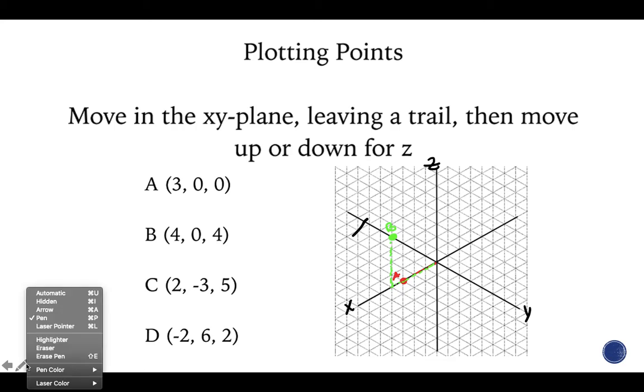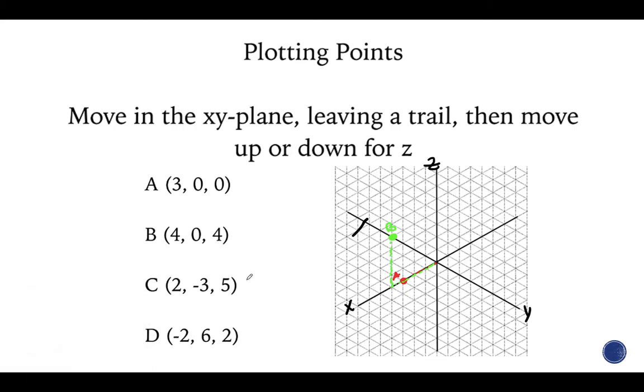So let's plot point C. All right, we'll do point C in blue here. All right, so point C, I'm moving 2 units on the x-axis. All right, now I'm going to move 3 units in a negative direction on the y-axis. So negative direction is this way.